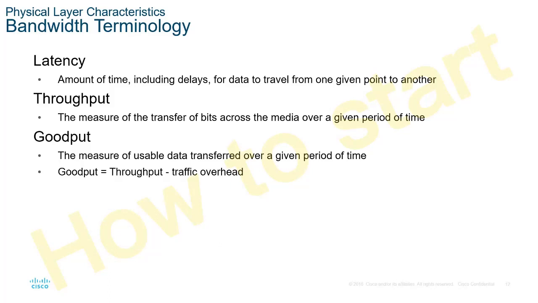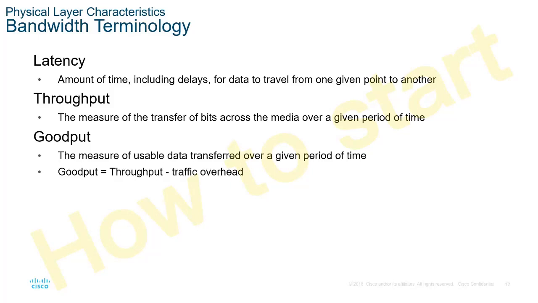And goodput is the measurement of usable data. So basically goodput is throughput minus the overhead. Overhead are going to be things like the frame headers, the packet headers, resending, if we're having to do acknowledgments. All of that is traffic overhead. That's not part of the data. Throughput is the actual transfer of data.